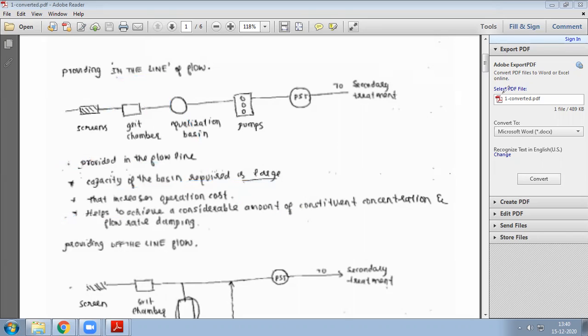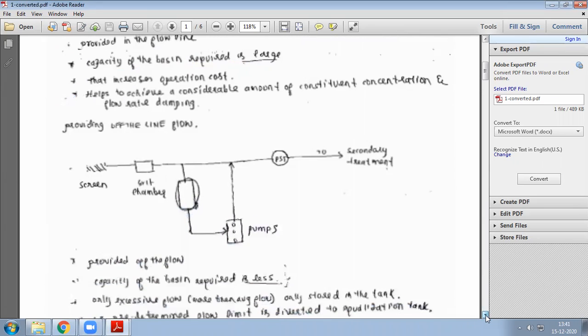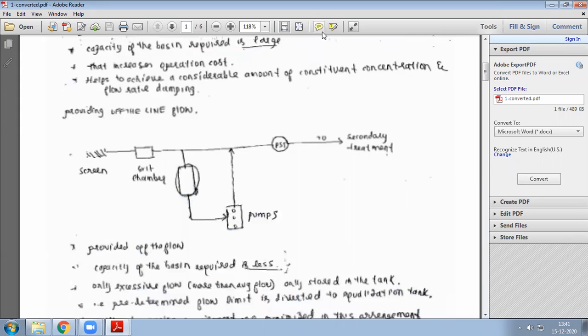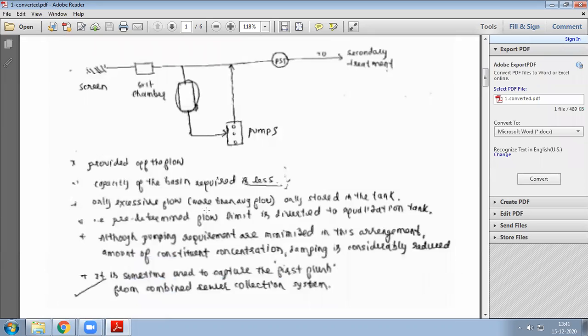Next you have offline flow. When we provide offline flow, it is provided off the flow line. The basin capacity required is less. If the capacity needed is very small, then we can provide this offline equalization tank. Then only the excess flow, more than the average flow, is stored in the tank.